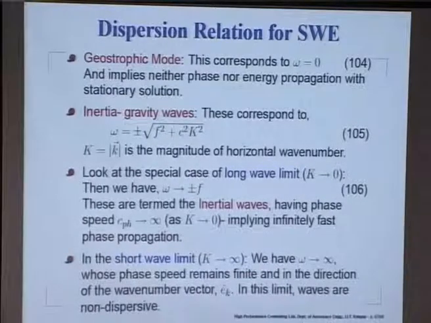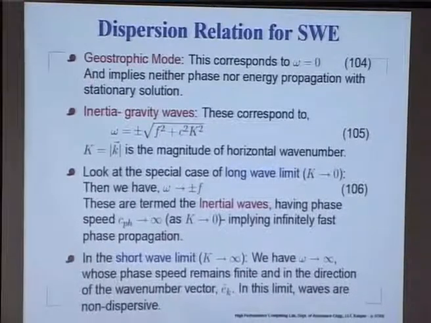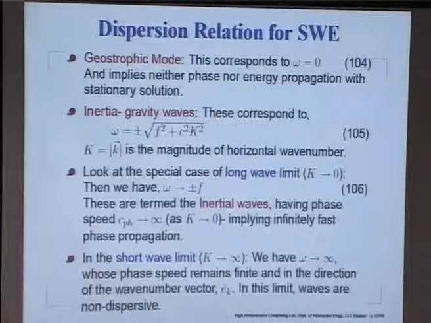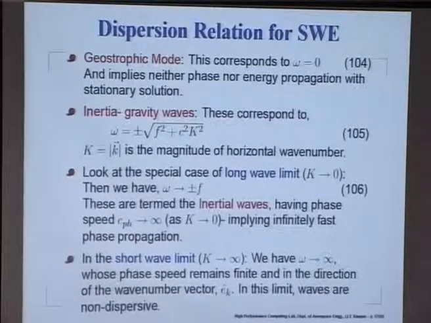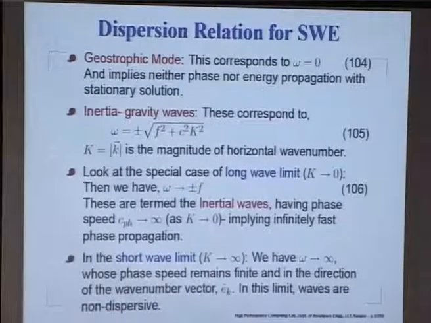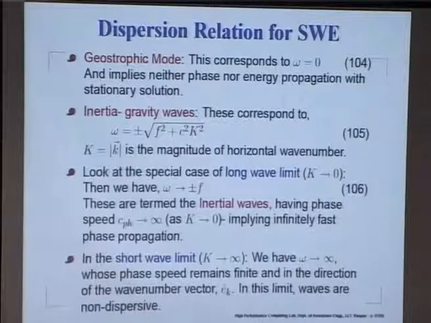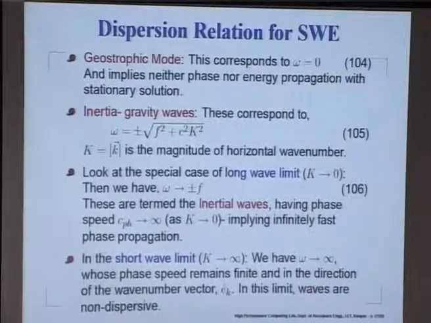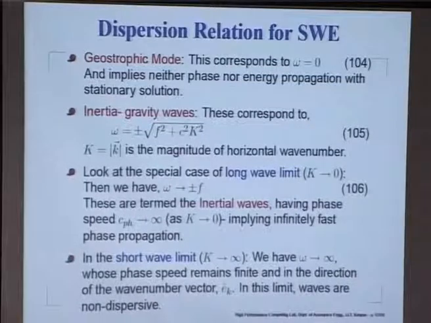And what will be the phase speed? The phase speed will be omega by K, right, and that phase speed goes to infinity, because K is looked at in its long wave limit, K equal to 0. So, such long waves actually propagate very fast.